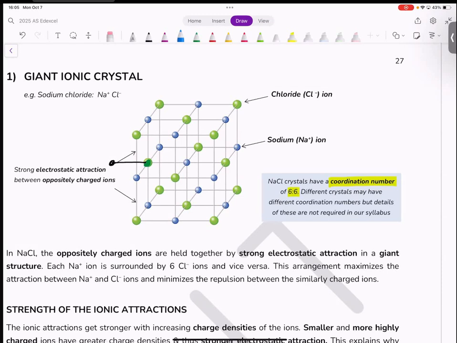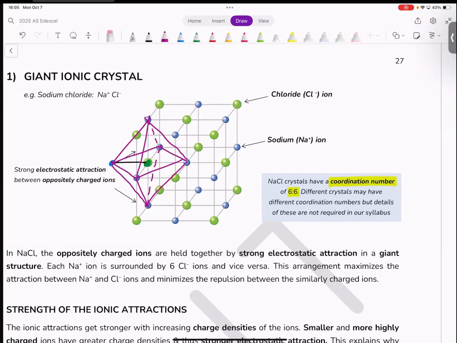There would be a blue dot. Agreed? Now, if you see me make this base again, each chloride is also surrounded by what? By 6 sodium ions. So we refer to this as a unit cell.